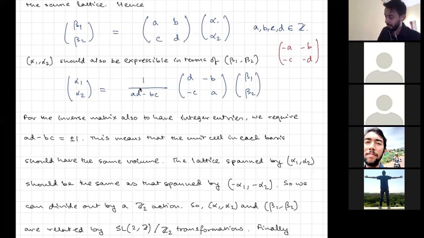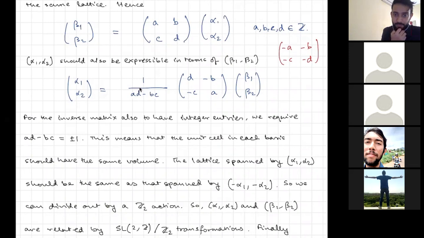So that's a trivial thing, and you want to mod out by this Z2 action, which is applied on the SL2Z, normally for exactly this minus A, minus B, minus C, minus D. But it doesn't change alpha 1 and alpha 2; the negative signs simply cancel out.